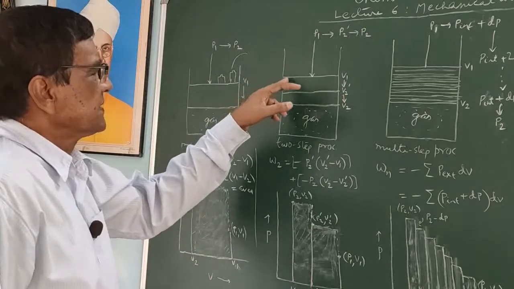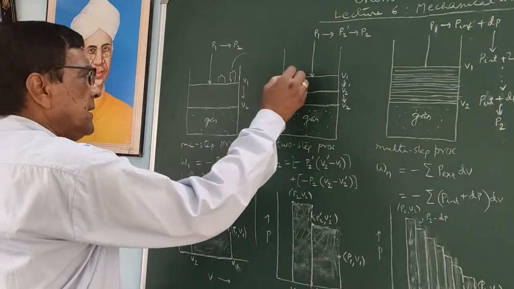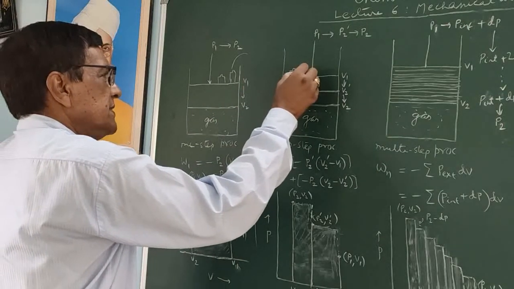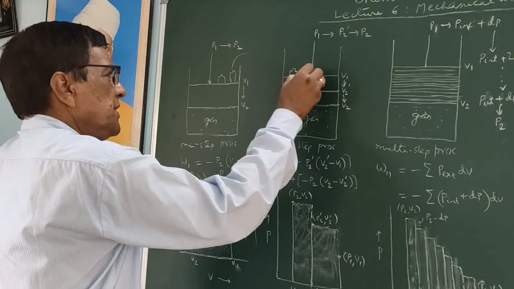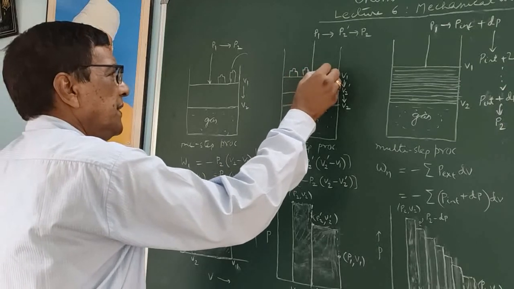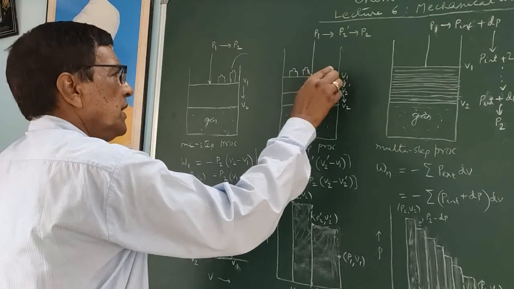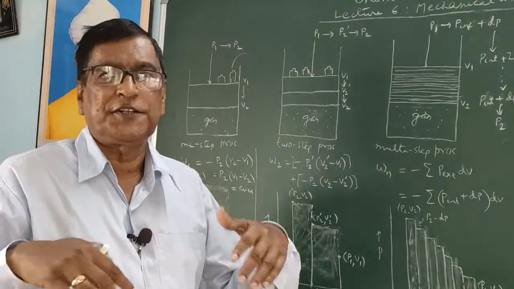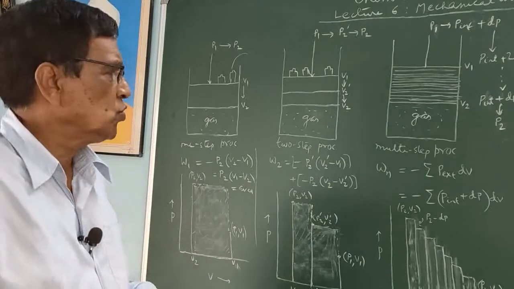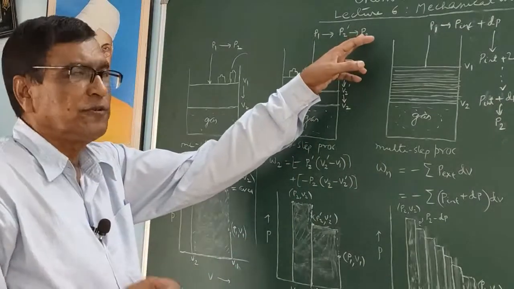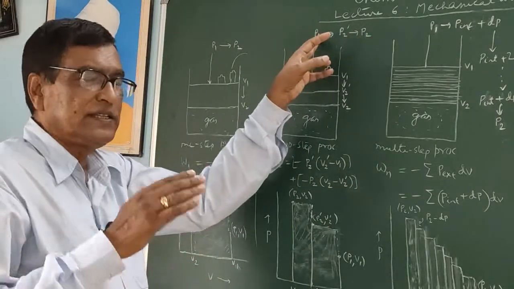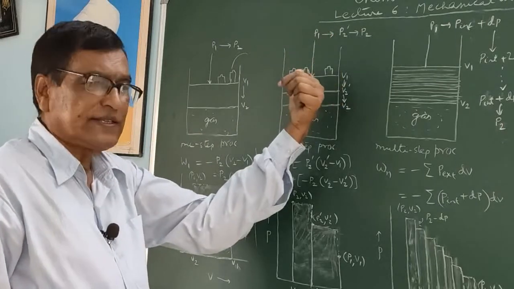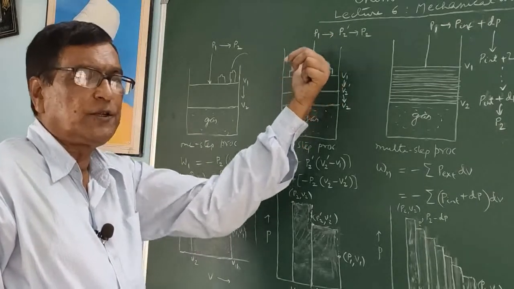Suppose this is the 5 kg, this is 3 kg, and again 2 kg, so the total becomes 10 kg. So P2 is equivalent to 10 kg and P1 is equivalent to 5 kg, but we are putting the weight in two steps.